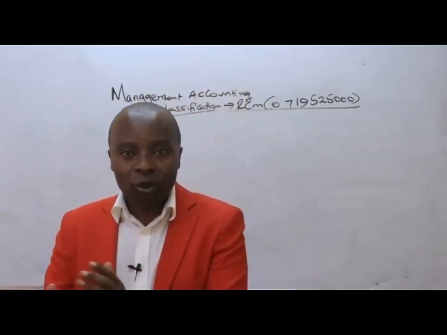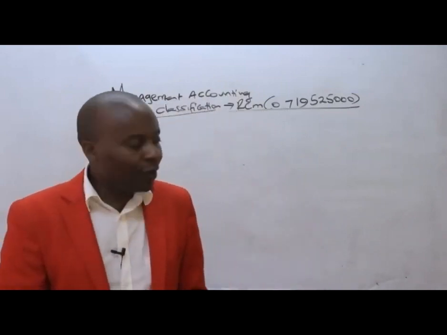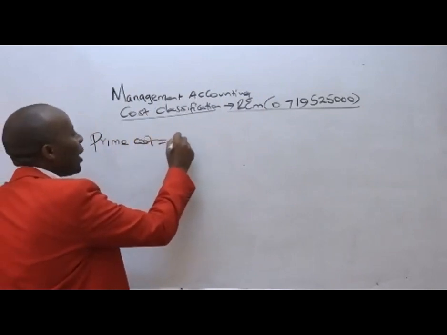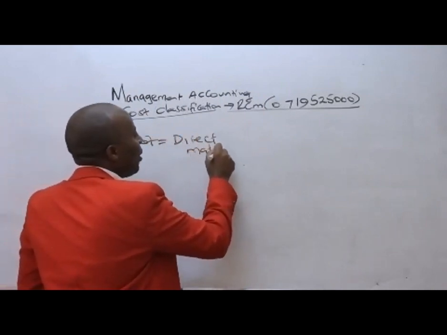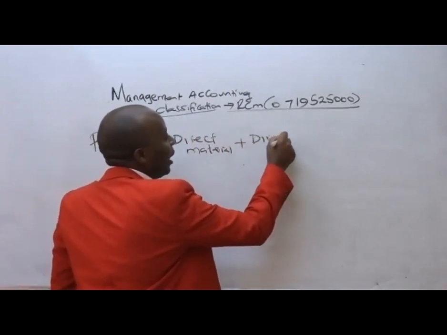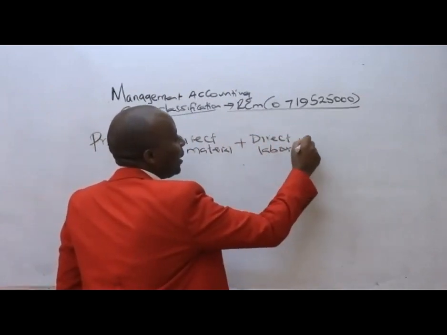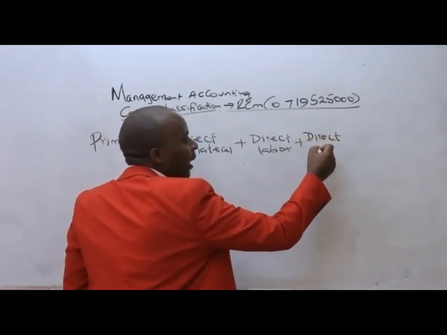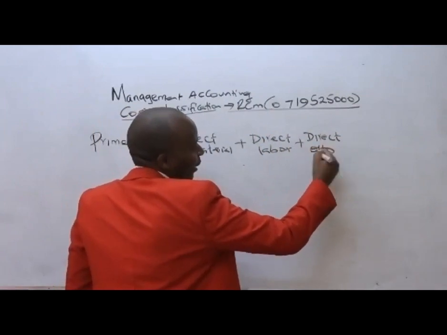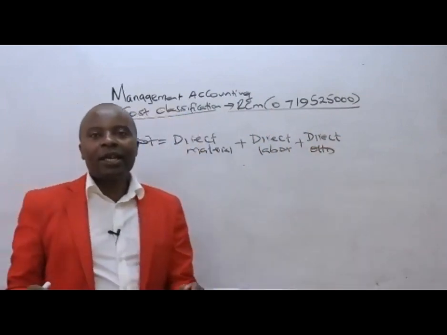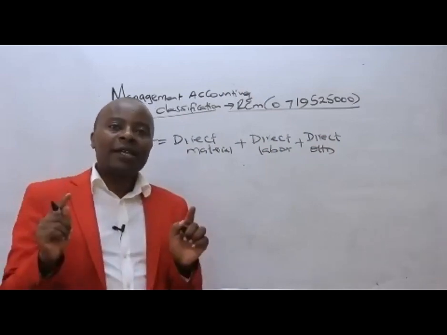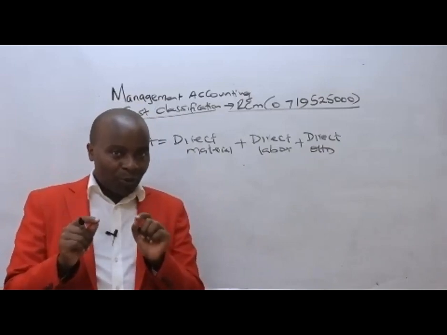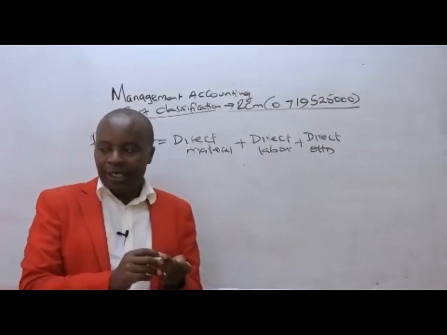So under prime cost, what do we have? We have direct materials plus direct labor, and if there is any expenditure that happens to be an overhead that is directly attributable, direct overhead. Perhaps you hired a production room directly attributable to a particular production process; that will fall under what we call direct overhead.